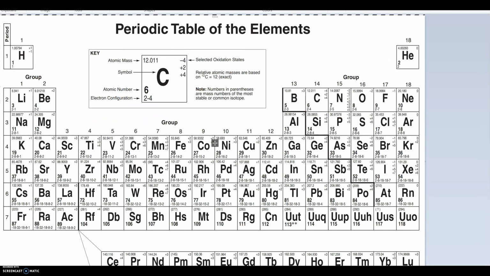if I go to the periodic table, you can see that lithium here is in group 1, and group 1 is always going to have a +1 charge. And then group 2 is always going to have a +2 charge. These transition metals, they're funny.